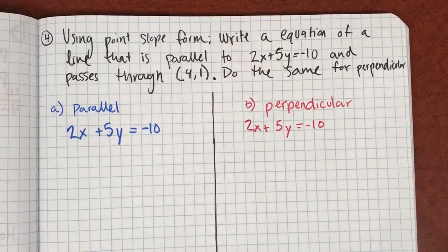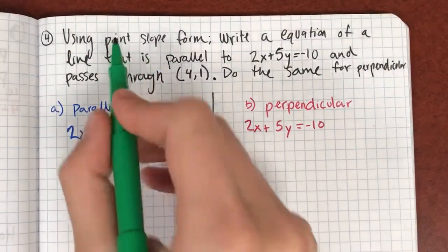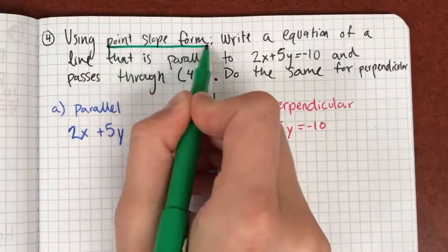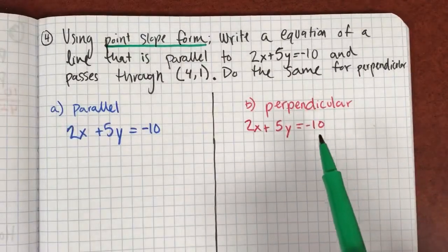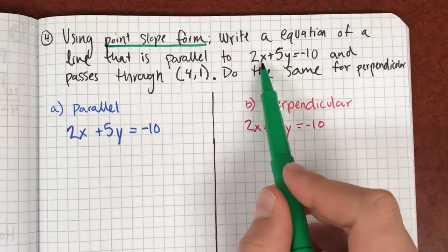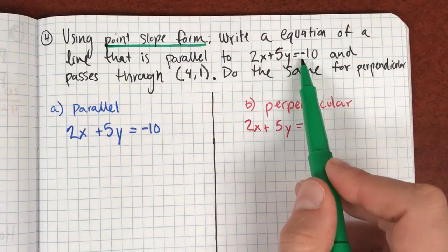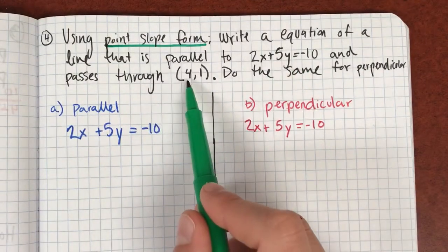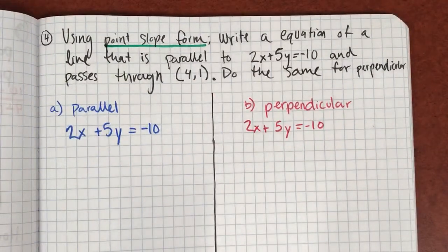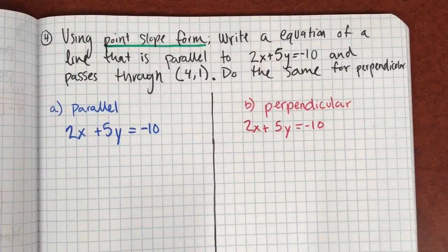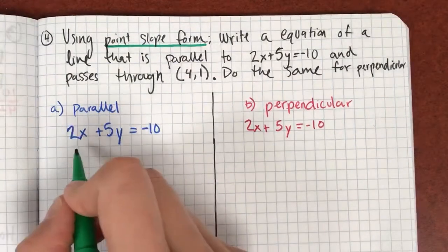So using point slope form, we're not going to be using y-intercept. We want an equation that's parallel to 2x plus 5y equals -10 and passes through the point 4, 1. And we're also going to do the same for perpendicular. So first, let's find our slope over here.